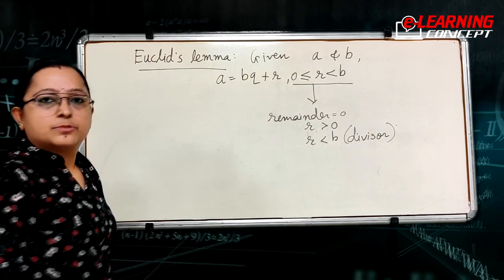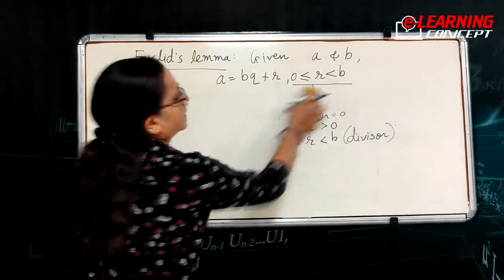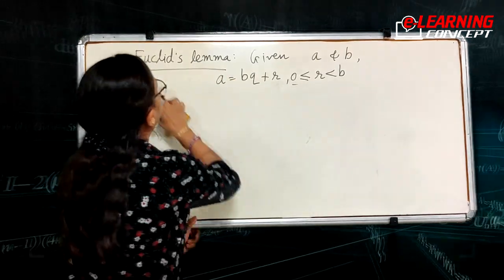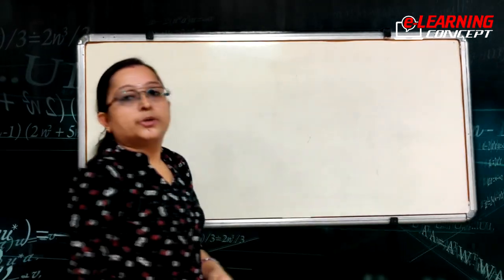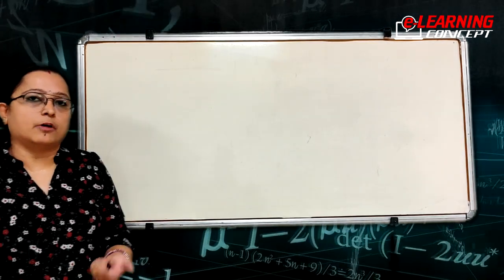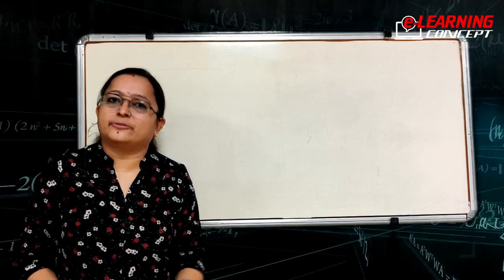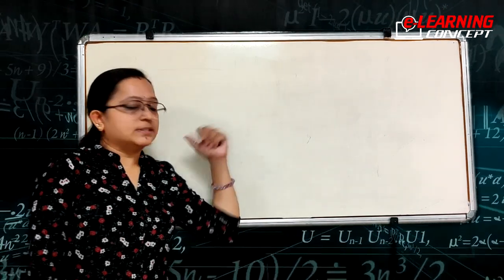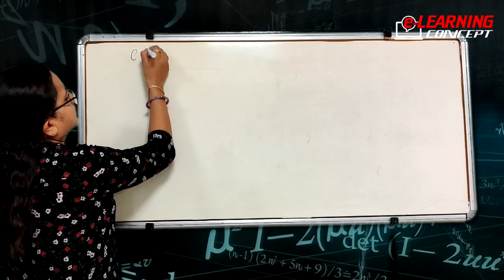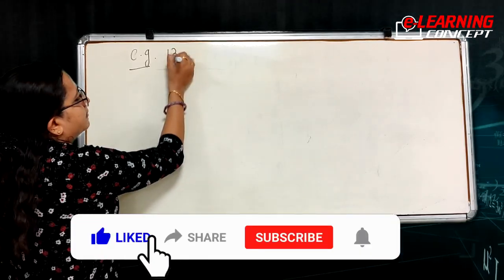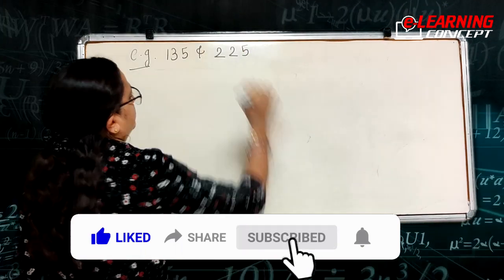Now how we are using it, where is the application of this, that we will see. Euclid's algorithm is useful to find out HCF of numbers. Like prime factorization, all the things you know it very well, right? So how is this useful? For example, I am taking two numbers, 135 and 225.